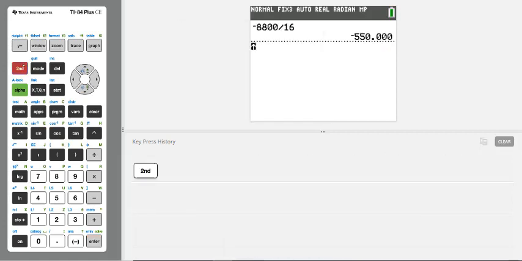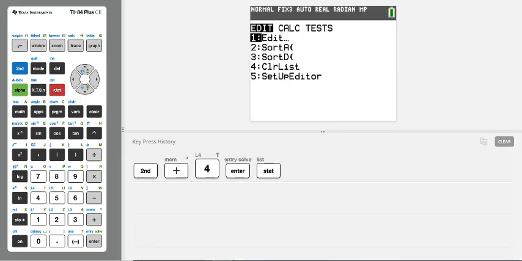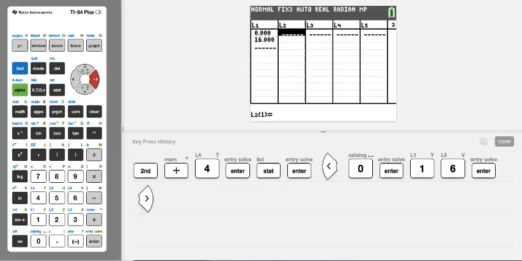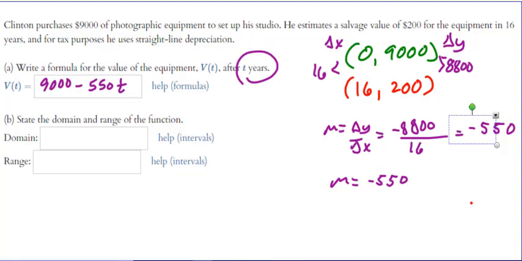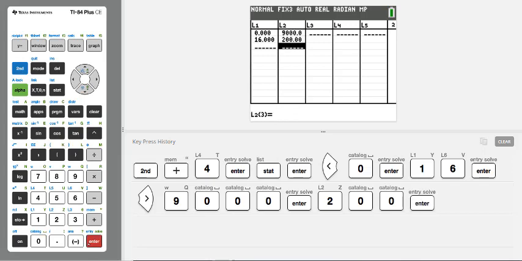So doing linear regression, second plus 4 clears out all my lists. Go to stat, edit, make sure you're in L1, 0, enter, 16 years, enter. Now I've got 9,000, and then $200 in 16 years.